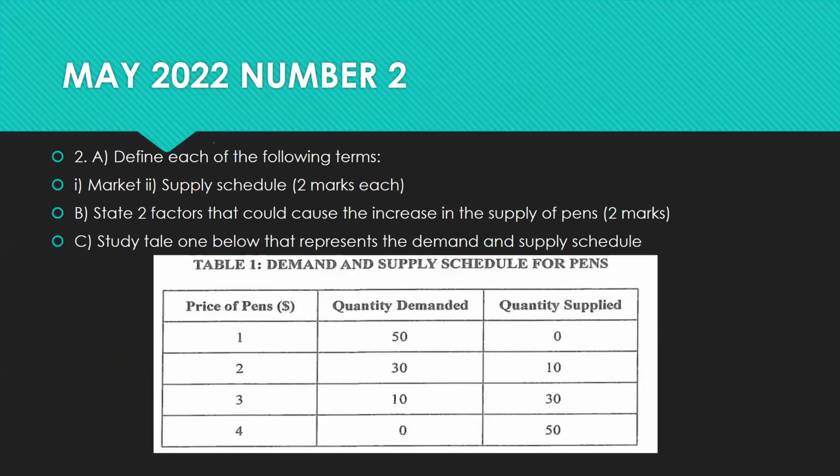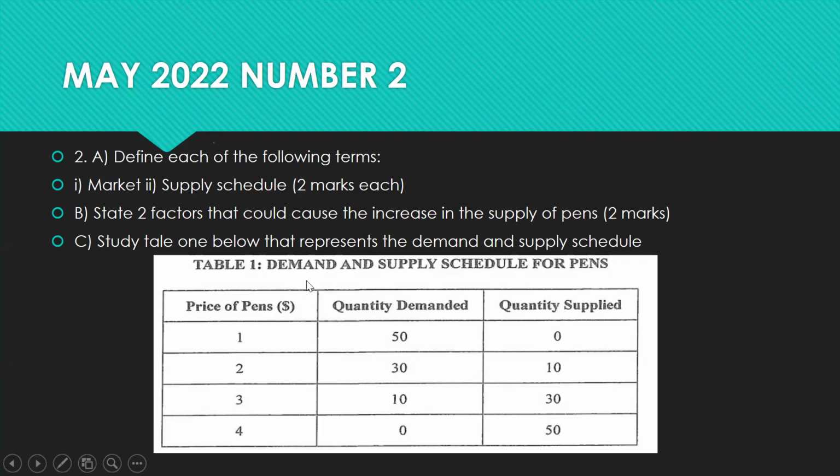Here they ask, define the following terms: market and a supply schedule. I see a lot of people get this market and supply schedule question wrong. What they will do is, when they see supply schedule, they'll define supply. Supply and supply schedule are two different things.